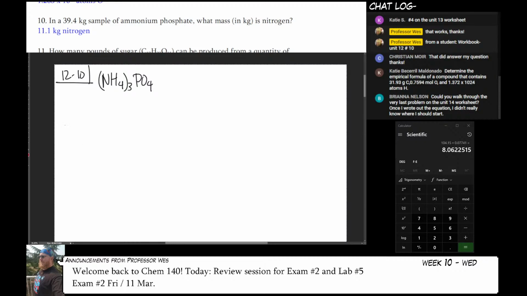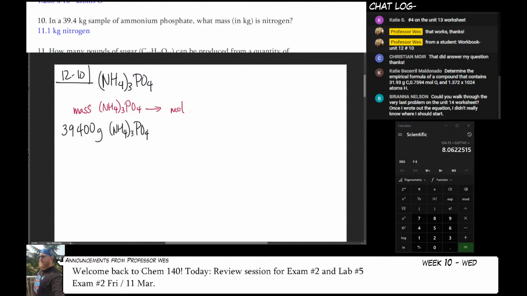And so I have 39.4 kilograms of this, which I'm just going to put into grams right away. And if I want to figure out how much of that is nitrogen, then we would do something like this.